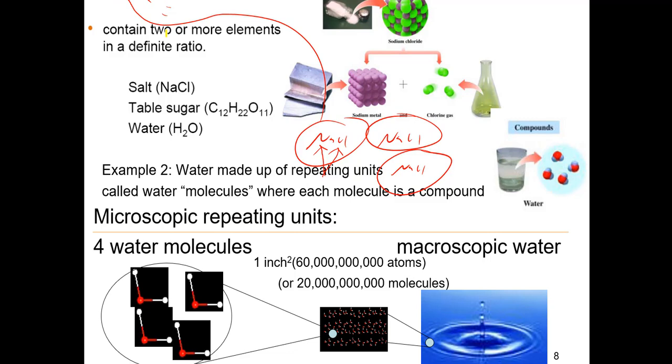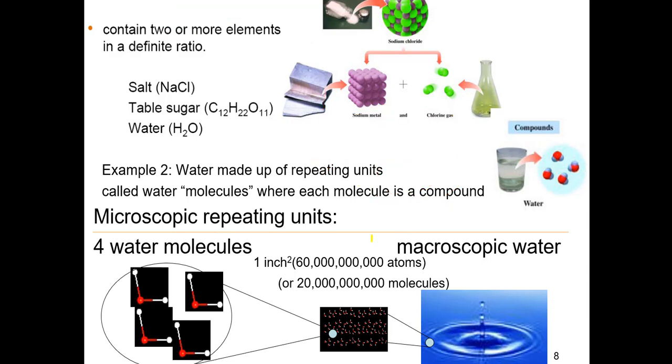If you have one single particle, that's a compound. If you have multiple particles and they're all the same particles, then it's still considered a compound. Now, if you say compounds, then that means that you're referring to multiple compound structures, such as salt, table sugar, and water.